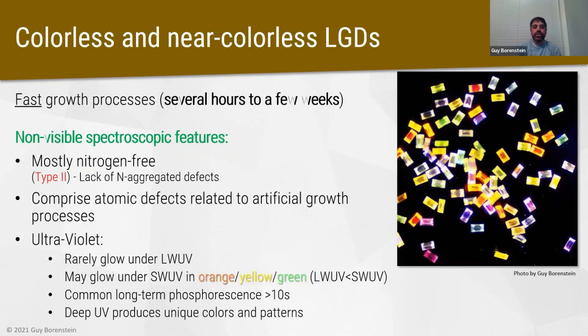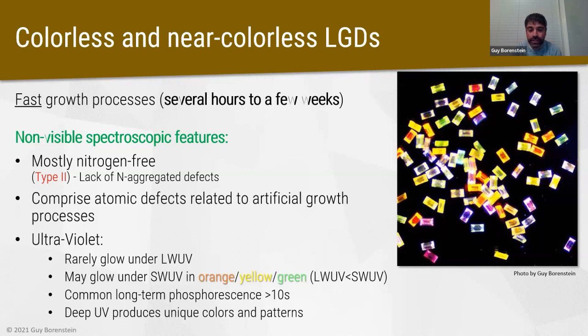On the other hand, when we look at colorless and near colorless lab-grown diamonds, they do not bear aggregated nitrogen inside. They are all what we call type 2. And this means that when we put them under ultraviolet, they rarely glow under long wave UV, may glow under short wave UV, usually in orange, yellow, green, pink, red, but never blue.